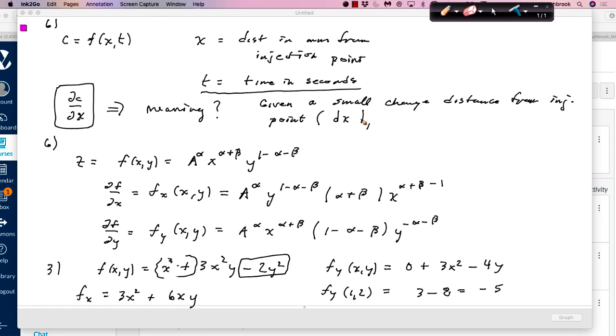Then we say, given any small change in distance from the injection point, the resulting change in concentration. And how do we denote a change in concentration? DC.